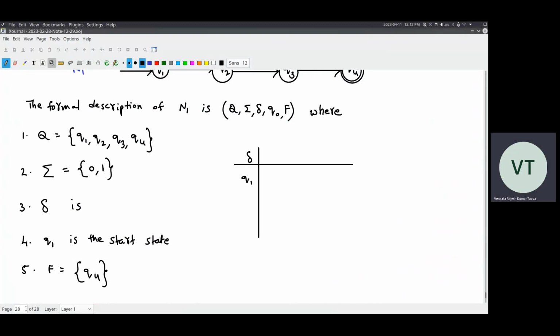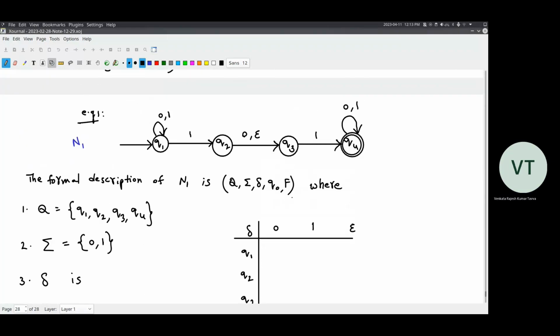There are 4 states. What are the columns? Symbols from the alphabet, so 0, 1, that's all. For an NFA, we will also have epsilon.